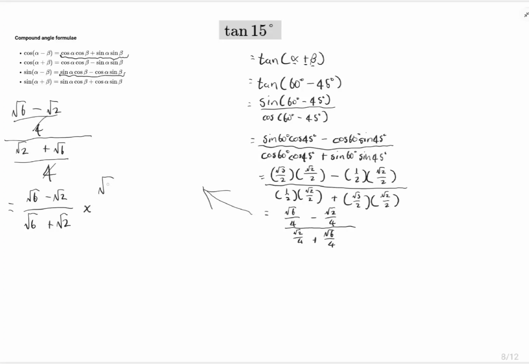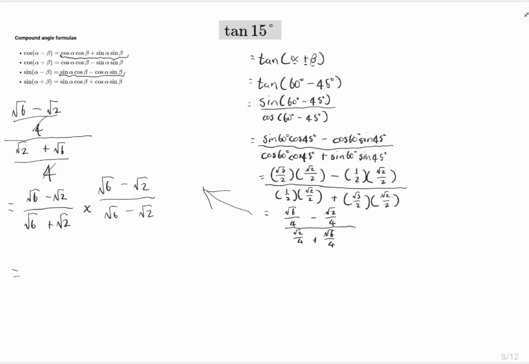Rationalization, right? Square root 6, square root 2, with the opposite sign. You're taking these two terms in the denominator and writing them again with a different sign, because if you cancel, it's just going to be 1. So you're essentially multiplying by 1. Everything in mathematics is kind of multiplied by 1. This is just a fancy way of writing that 1, so that we eliminate the square roots at the bottom.